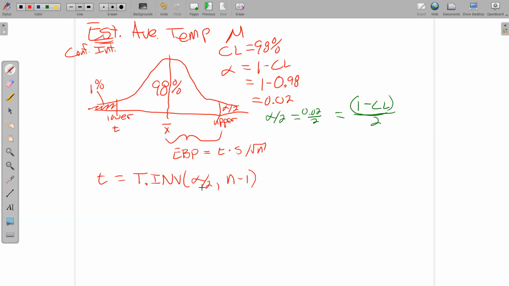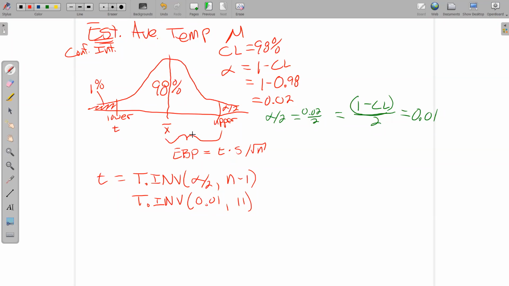In this case, I entered the calculation from, that was that 0.02 here. Oh no, oops, I didn't write it down. That one, alpha over 2, and then an 11. So all it needs to know is what's the sample size minus 1 and what's the tail probability here.